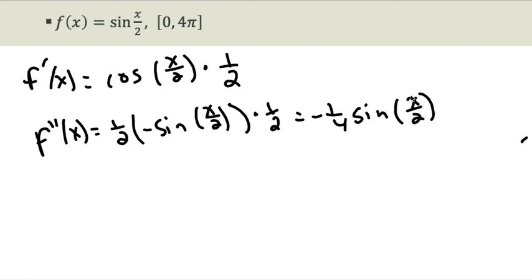All right, we want to know where this is equal to 0. So we've got to figure out where the sine function is equal to 0. We're on the interval from 0 to 4 pi. So if I have negative 1/4 sine x over 2, we can ignore the negative 1/4.